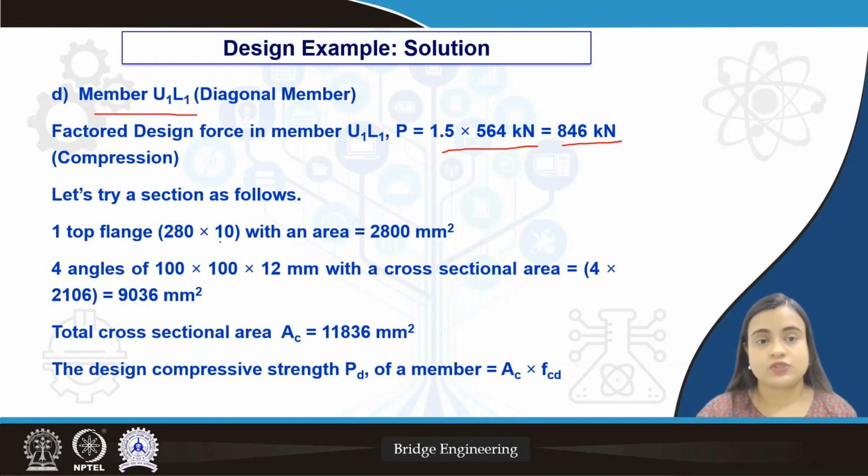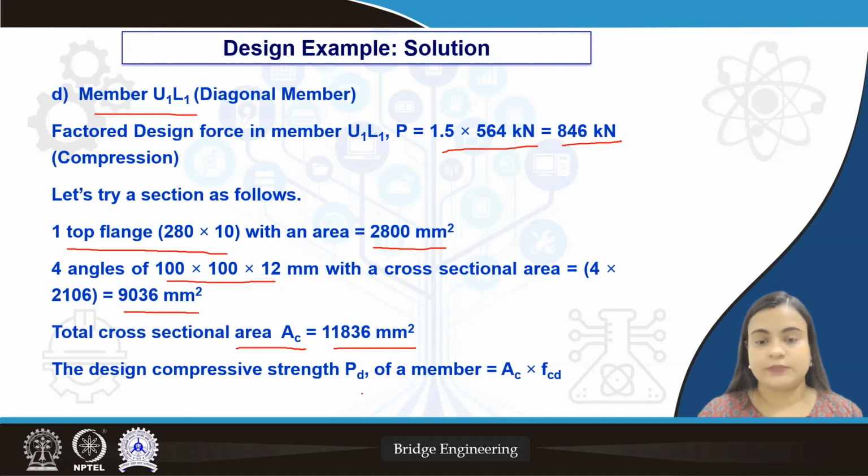Let's try a section comprising one top flange of 280 millimeter width and 10 millimeter thickness, that is going to have an area of 2800 millimeter square, and 4 angles of 100 by 12 with a cross-sectional area of 4 times 2106, that is equal to 9036 square millimeter. The total cross-sectional area AC equals 11836 millimeter square by summing both the areas.